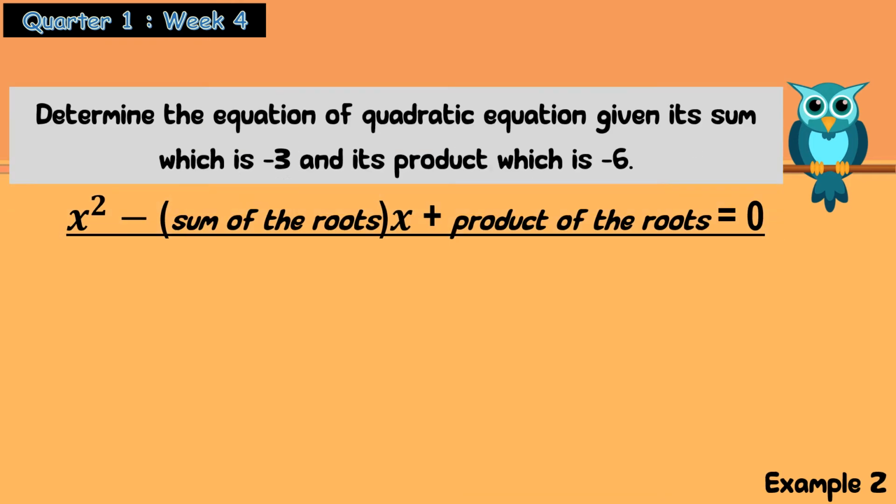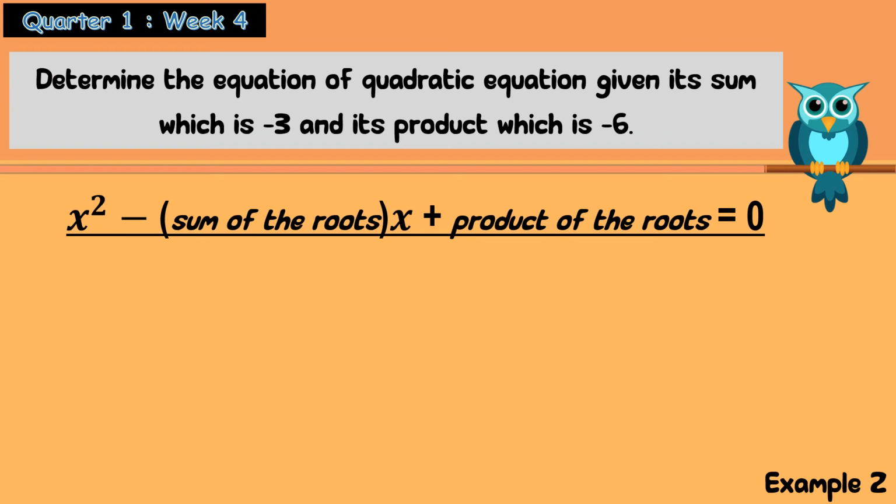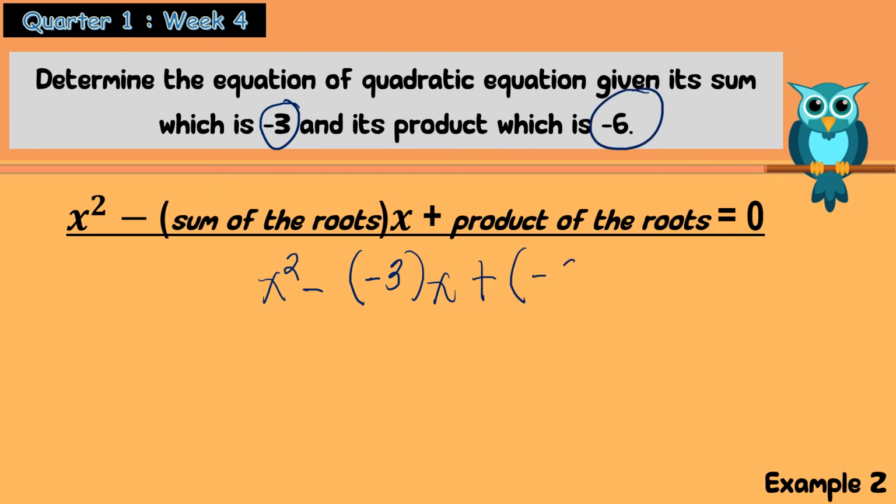Next example, given the sum, which is negative 3, and its product, which is negative 6. So again, you copy x squared minus the sum of the roots, which is negative 3, x plus the product, which is negative 6, is equal to 0.